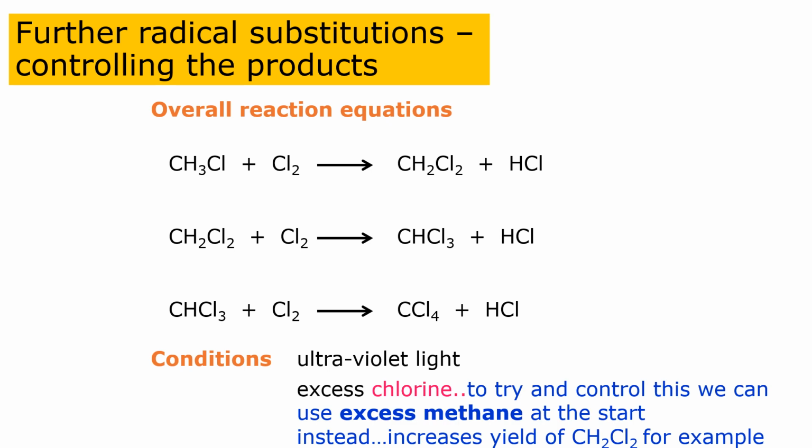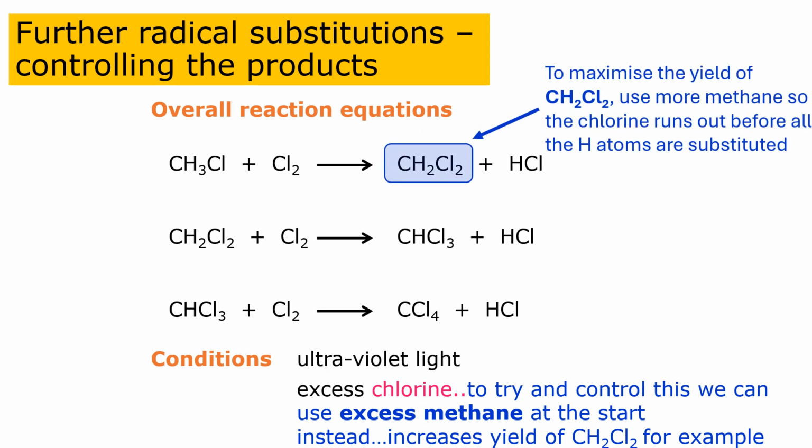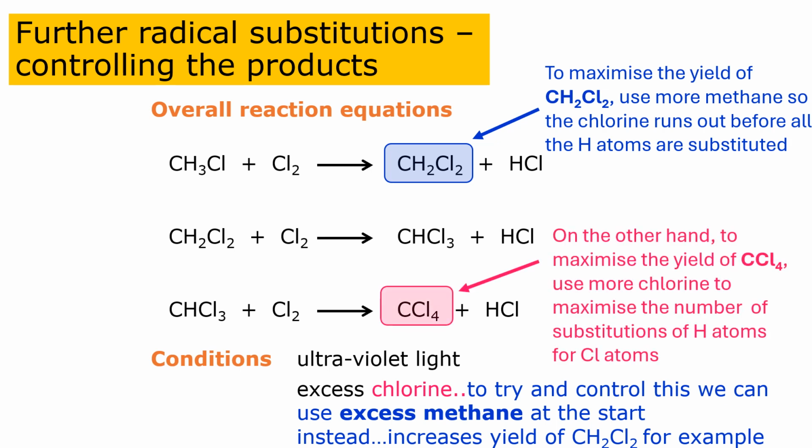If you had excess chlorine, you would end up with these multiple substitutions. To maximize the yield of one of the intermediate substituted products, we might use more methane so that the chlorine runs out first. If, however, we want complete substitution, in other words, all the hydrogens substituted for chlorines, we might put more chlorine in our reaction mixture to encourage that to happen.